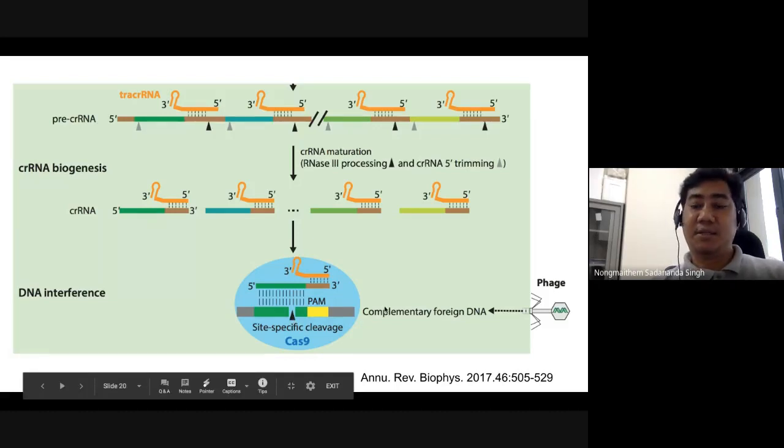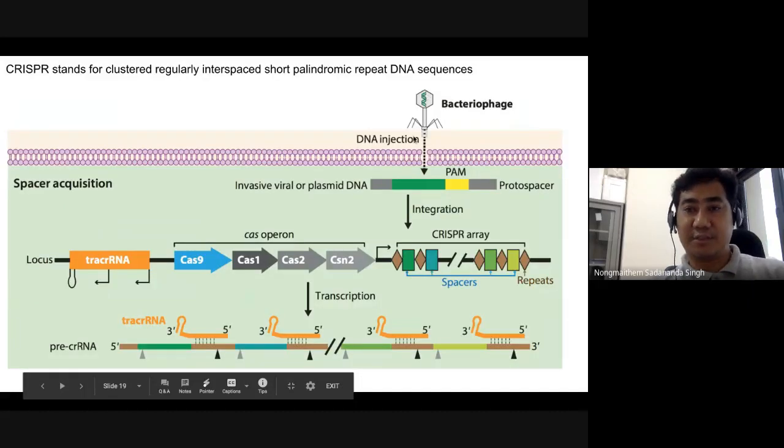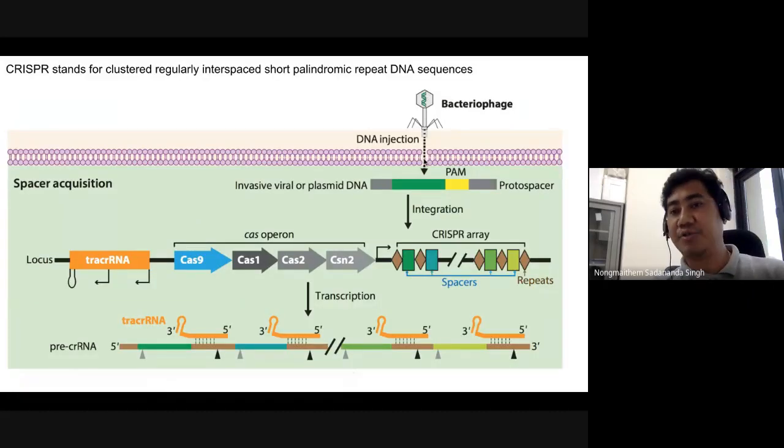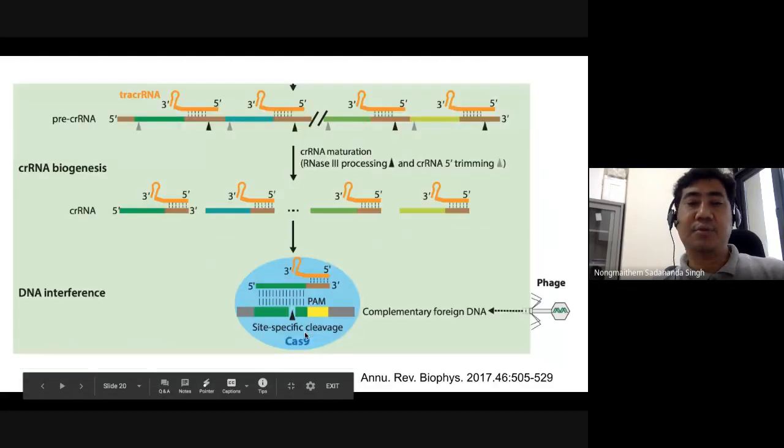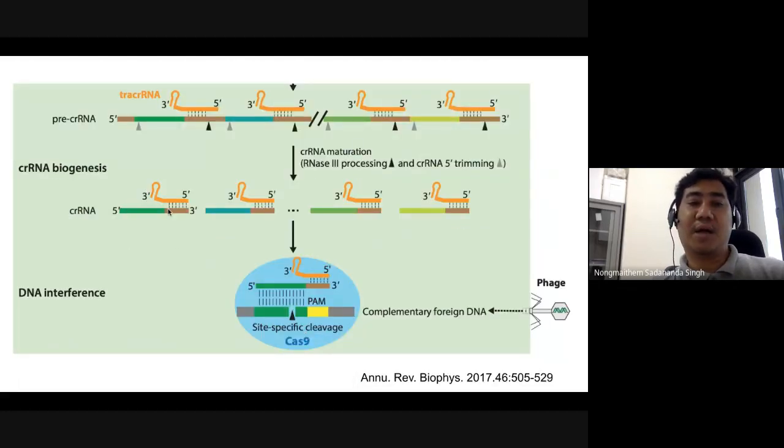So basically, the first round of infection allows recruitment of a segment of the genome of the virus to the array, and that array matures to give rise to a CRISPR RNA, the mature crRNA.